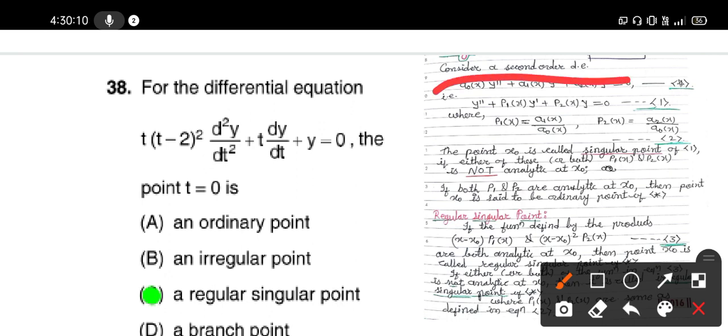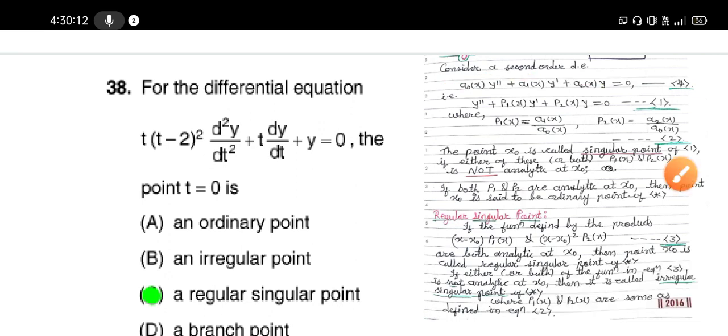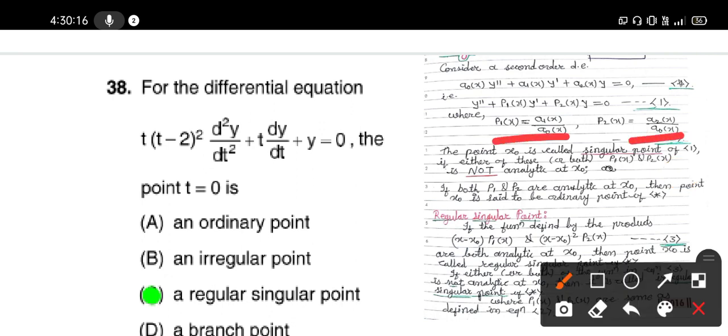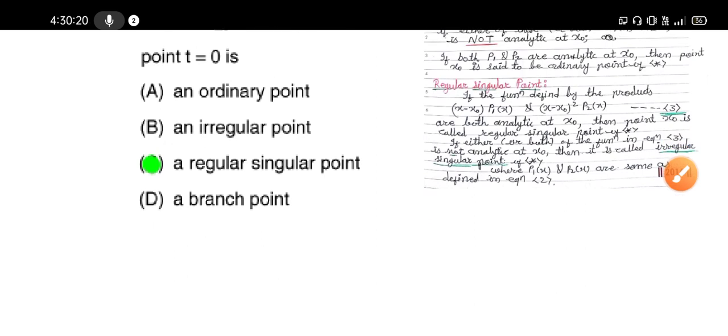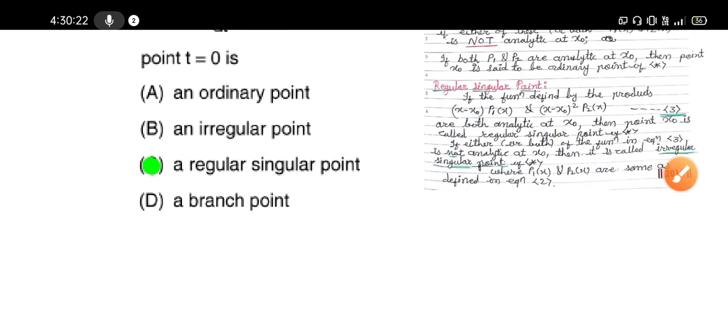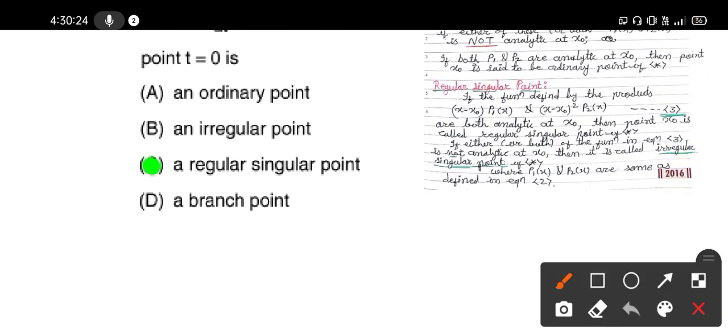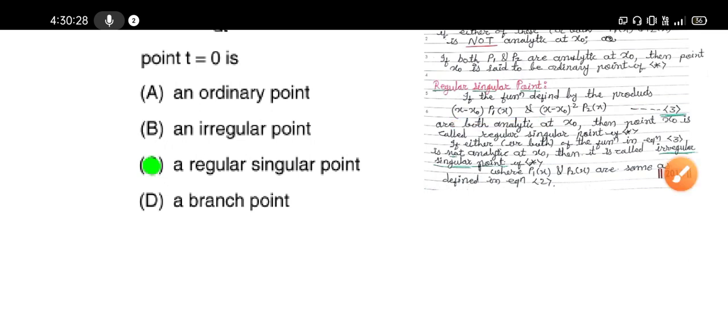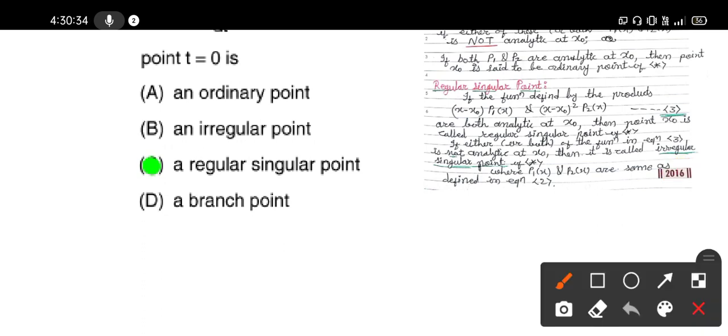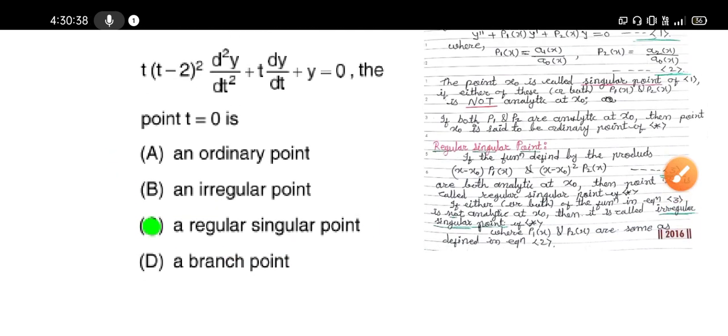Consider the second order equation y double dash, here p1 is given, p2 is given. This is a regular singular point if the functions defined by the products given here are both analytic at x naught, then the point x naught is called a regular singular point. We can check here. Option C is correct.